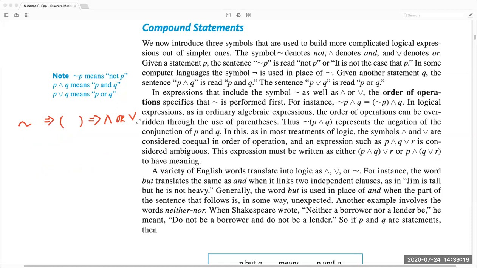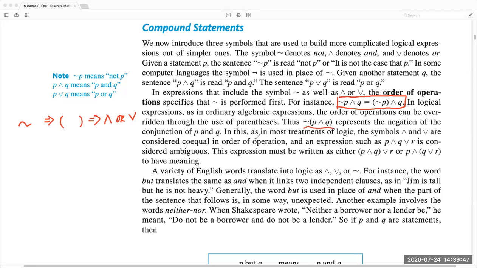So if you look at this sentence, these two are equivalent because we do the negation first. So whether you put the bracket around the negation of P doesn't matter. They will give you the same result. Any question here? No? But this one is not the same.